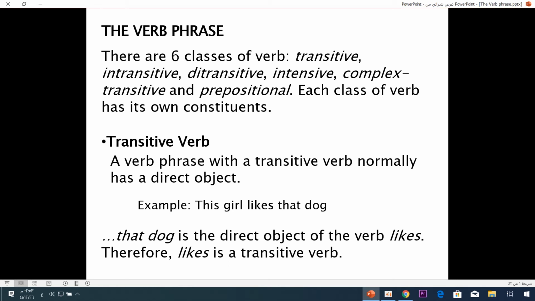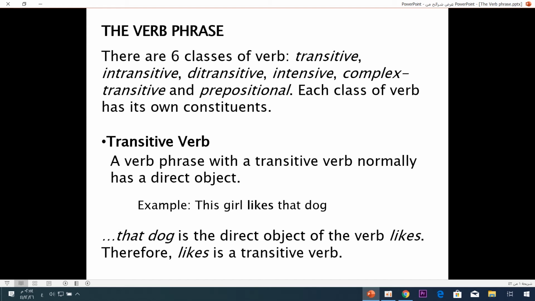There are six classes of verb: transitive, intransitive, ditransitive, intensive (which means linking verb), complex transitive, and the prepositional verbs. Each class of verb has its own constituents. I don't want to explain them in detail now because we don't have enough time.